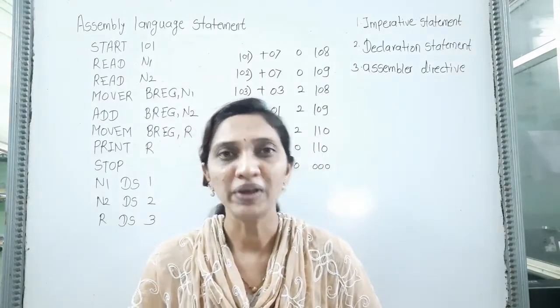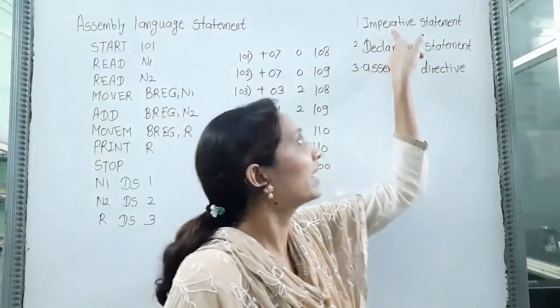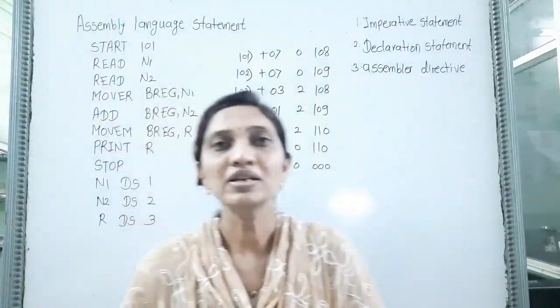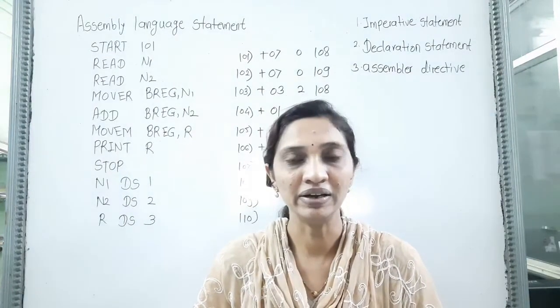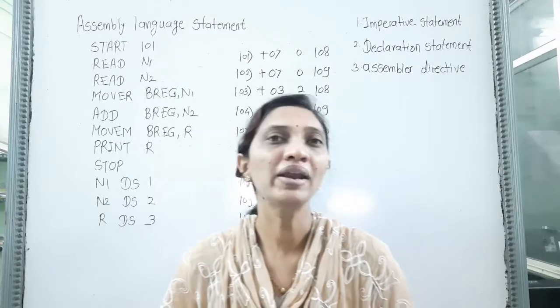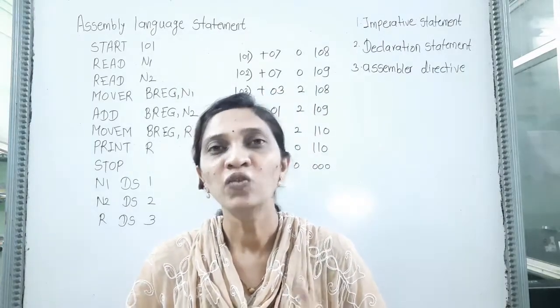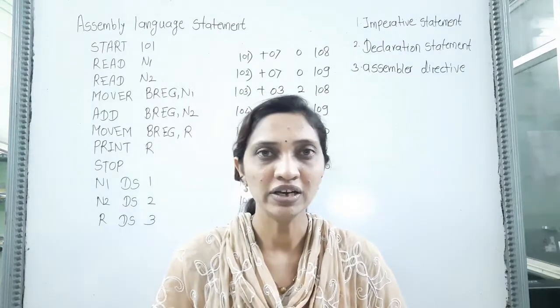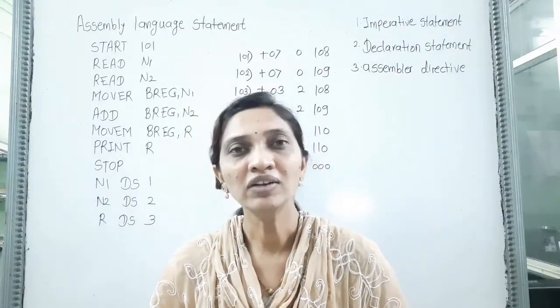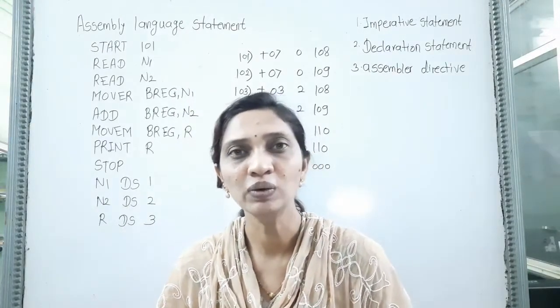First is the imperative statement, second is the declarative statement, and third is the assembler directive statement.